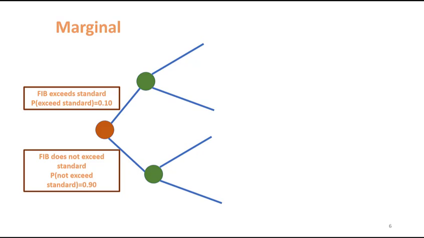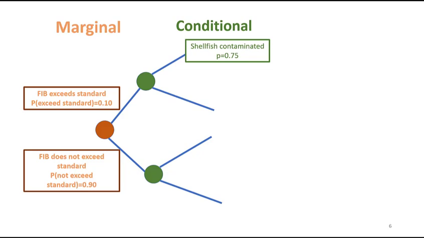Now we can add in the conditional probabilities. Probability that shellfish is contaminated given or if the FIB exceeds the standard is 0.75, and shellfish not contaminated given FIB exceeds the standard is 0.25.